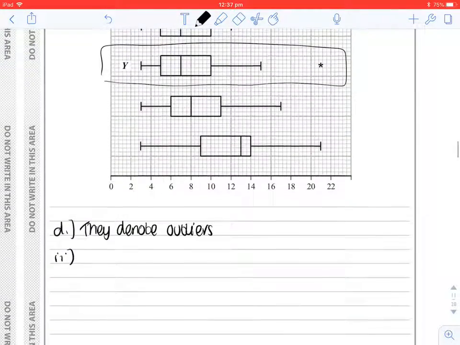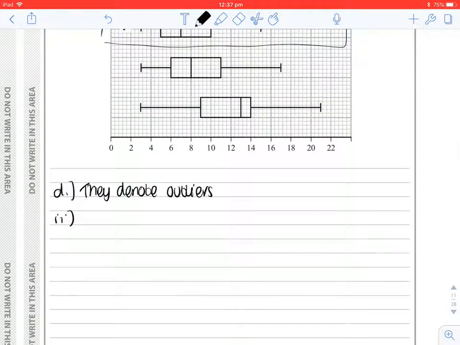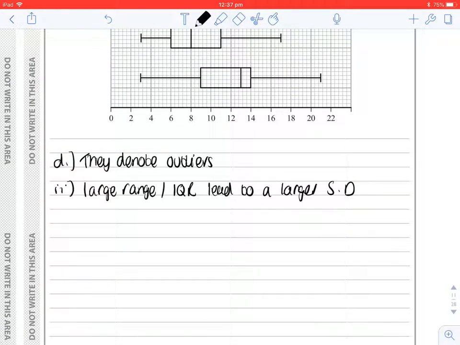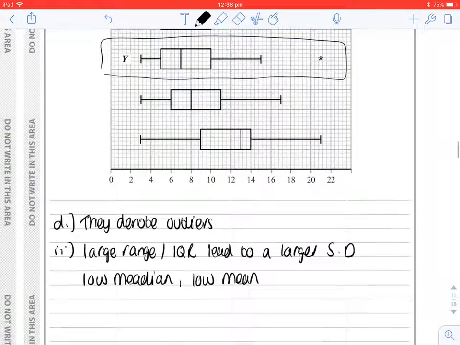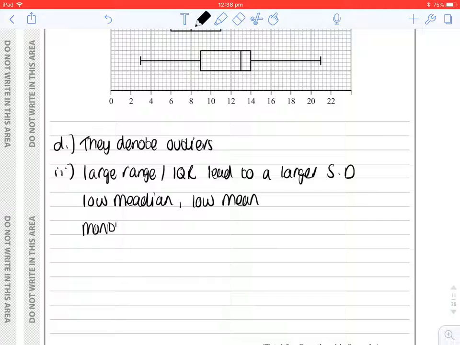So looking at those months, we would expect the large range and large interquartile range to lead to a larger standard deviation, and we also have a low median here, so we would expect a low mean, and we're looking at the best fit for those values, and we would say that it is month B.